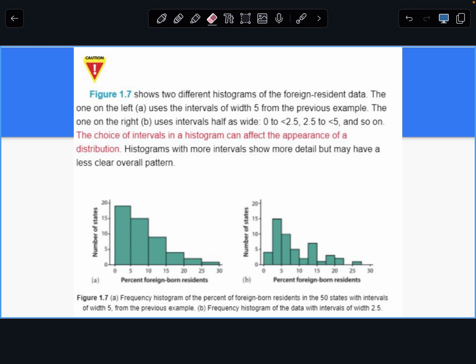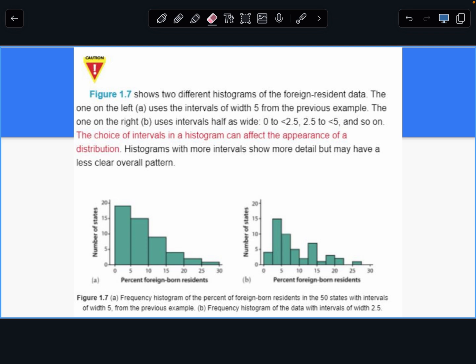Okay, our next example here shows 2 different histograms. The one on the left uses the intervals of width of 5. The one on the right uses intervals half as wide, so meaning going from 2.5 intervals. The choice of intervals in a histogram can affect the appearance of the distribution. Histograms with more intervals show more detail, but may have a less clear overall pattern.